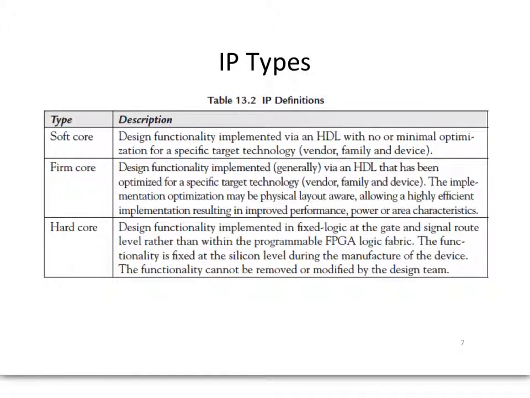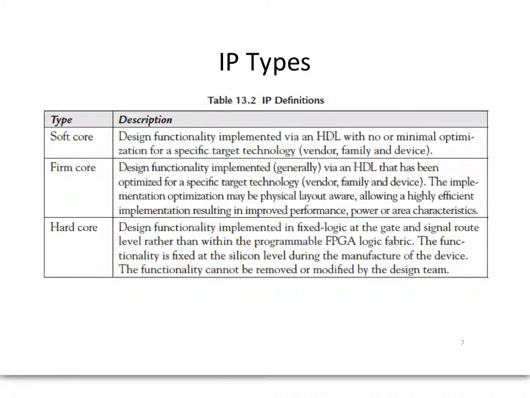The firm core is also generally implemented in an HDL, a hardware description language, as VHDL or Verilog, and it has, in contrast to this pure soft core, been optimized for a specific target technology. So that means it might utilize some of the specific target technologies, such as, for instance, block RAMs, DCMs, PLLs, or memory devices that may be on board that device.